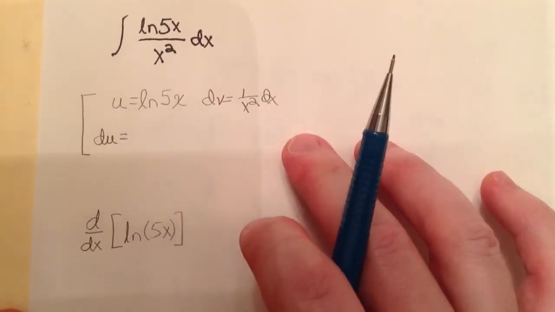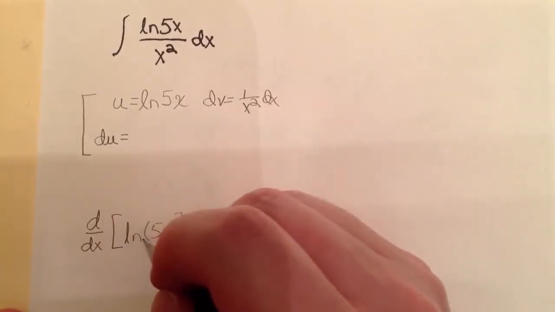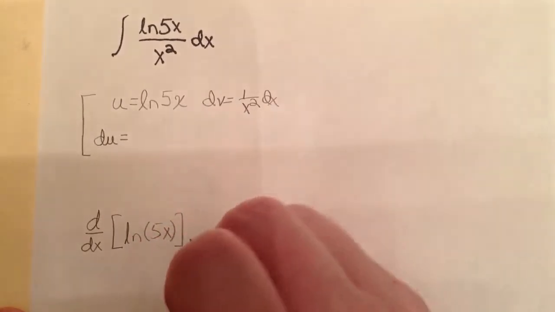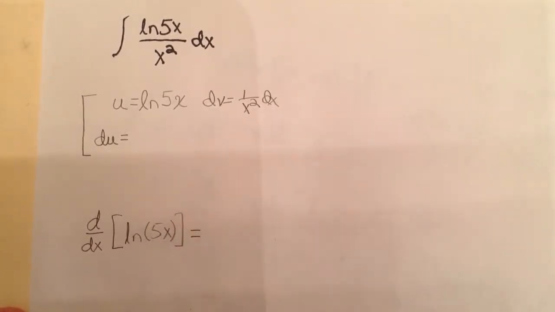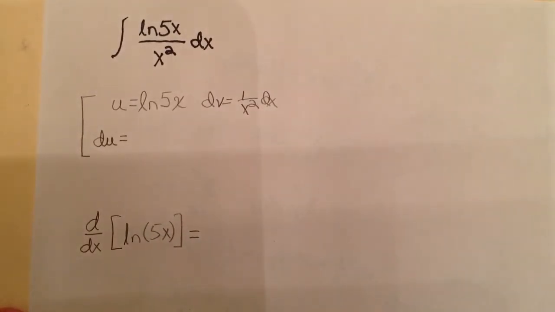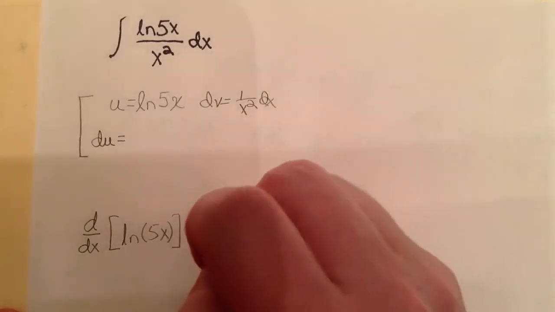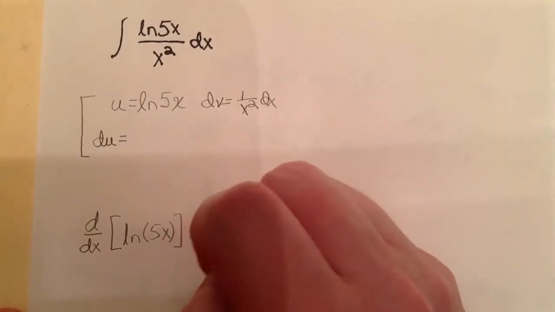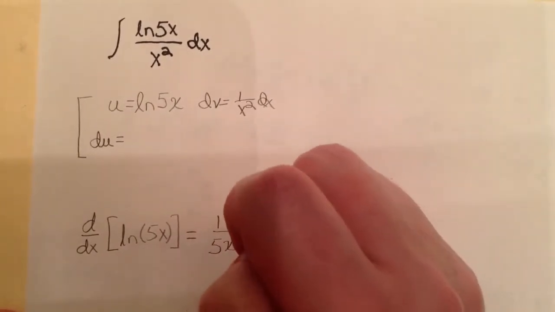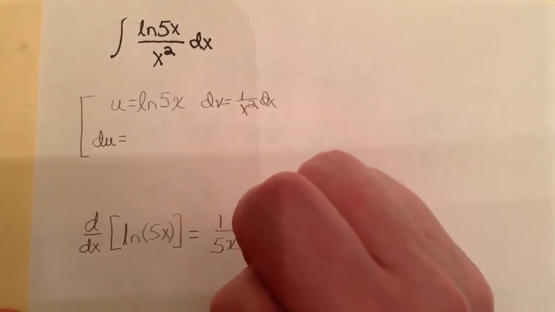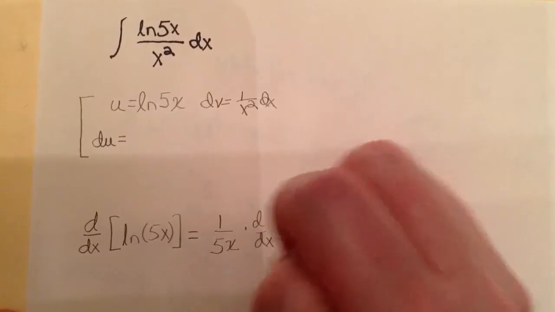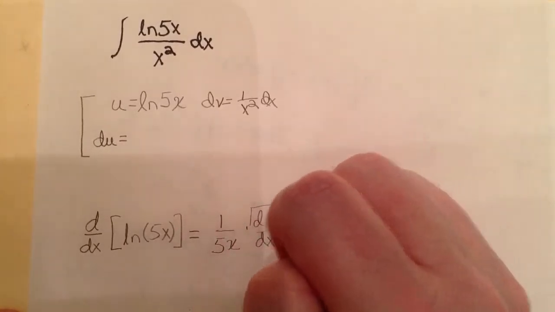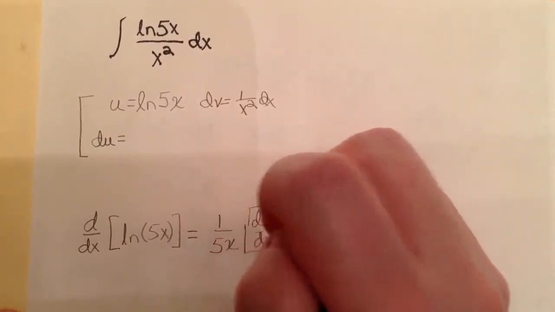Now, u is going to go to du. Again, we're looking at taking the derivative of the natural logarithm of 5x. Along the lines of the derivative of the natural logarithm of x, we are going to have the reciprocal of 5x. And again, do not forget that we have to take the derivative of 5x, which in this case is going to go to 5.